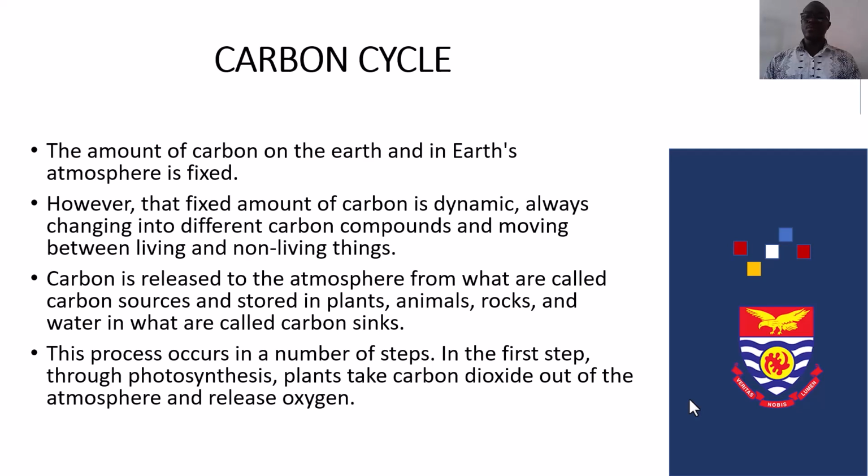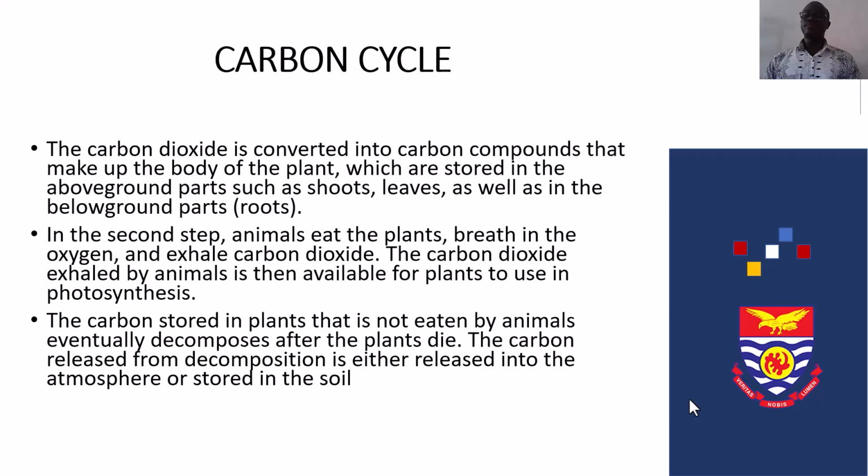In the first step, through photosynthesis, plants take carbon dioxide out of the atmosphere and release oxygen. The carbon dioxide is converted back into carbon compounds that make up the body of the plant, which are stored in the above ground parts such as shoots and leaves, as well as in the below ground parts, that's the root.